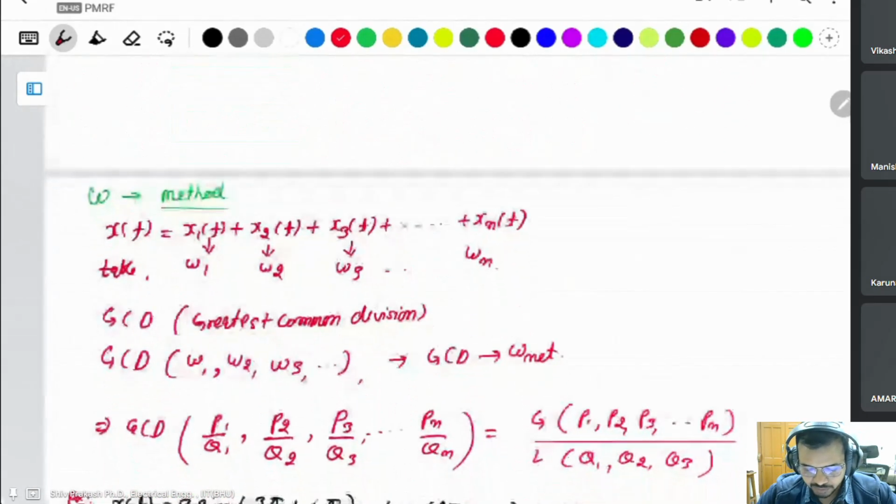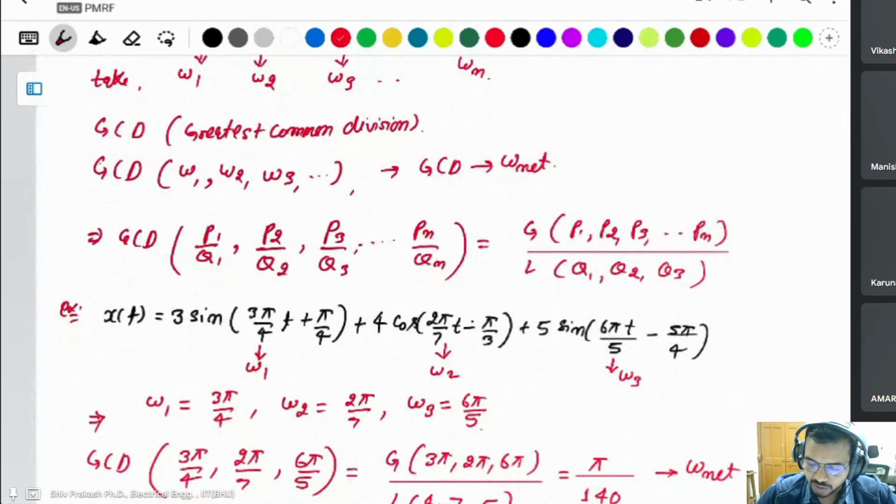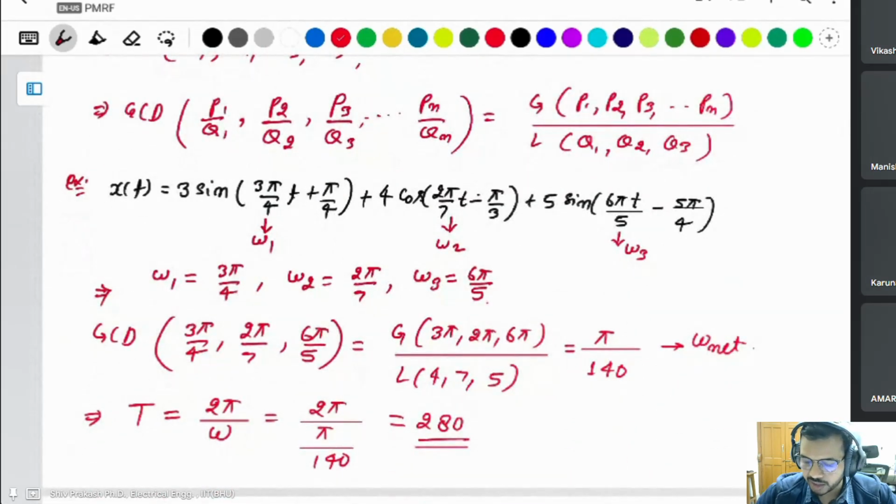In the omega method, same thing, find the frequencies omega 1, omega 2, omega 3 like that. Then find the GCD of these omegas. Because omega is in P by Q form, find the GCD of the numerator and the LCM of the denominator. After that you get the GCD, and that is omega naught, the fundamental omega, and after that T is equal to 2 pi by omega, we can find the time period.